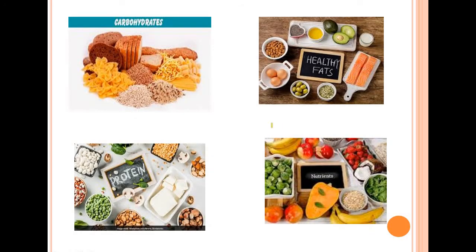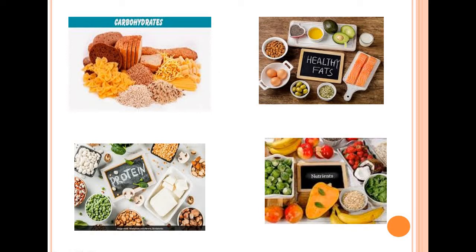Here in this picture you can strengthen your concept by seeing the different food items. I think all of you are acquainted with these food items. You must have taken bread, millets, jowar and corn. These food items are mainly rich in carbohydrates.